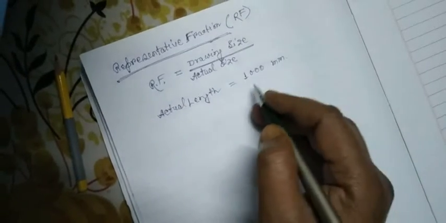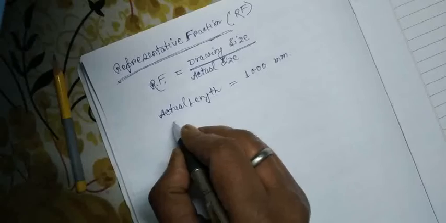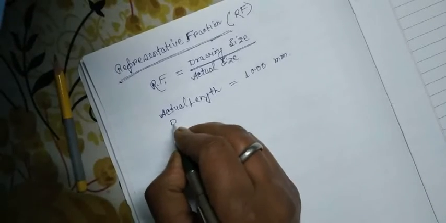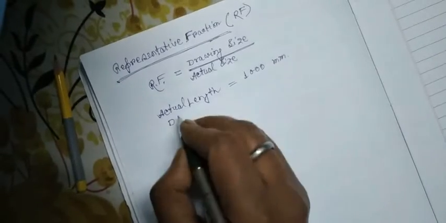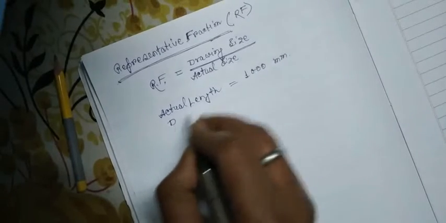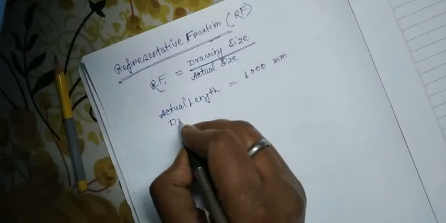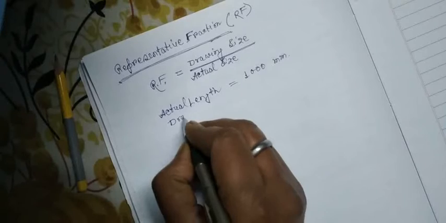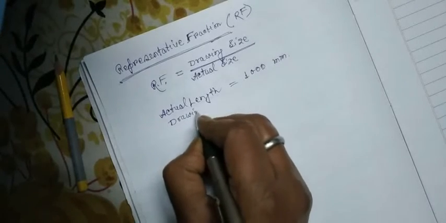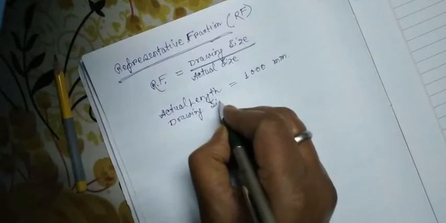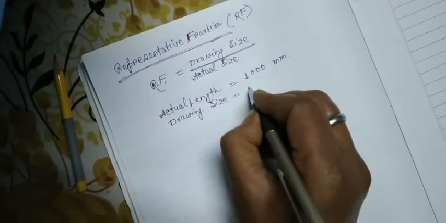Actual length is 1000 millimeter, but we want to draw it. We represent it in our drawing as 1 millimeter. So the drawing size is 1 millimeter.